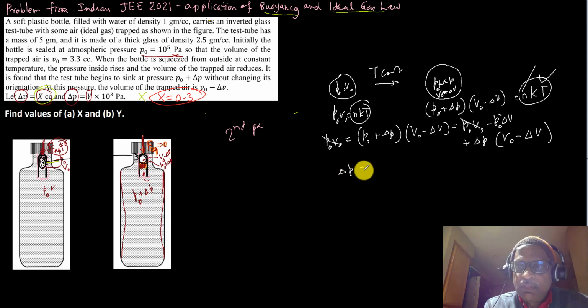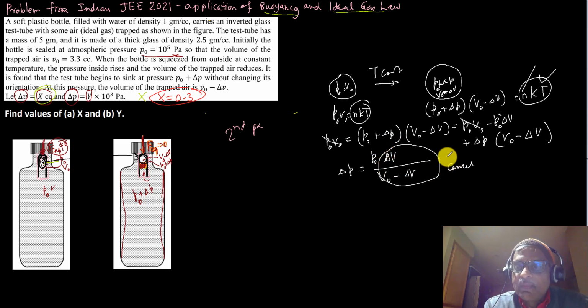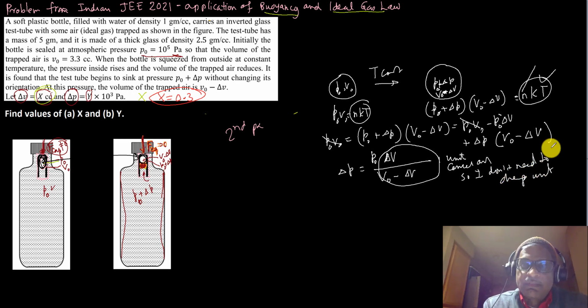So delta P will be delta V divided by (V0 minus delta V) times P0. So you can see the units here cancel out, so I don't need to change units. Everything will be in terms of P0.